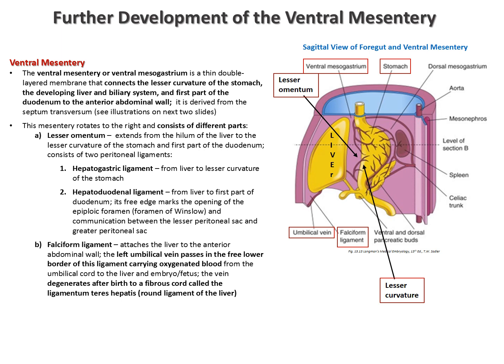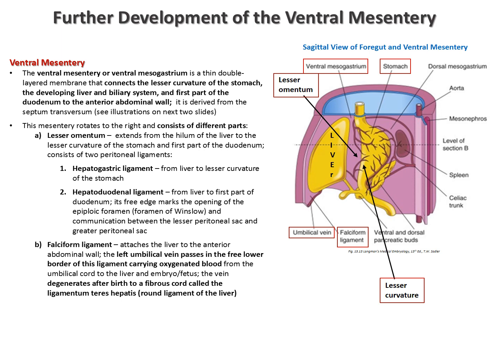The lesser omentum is that part which extends from the hilum of the liver or the undersurface of the liver to the lesser curvature of the stomach and the first part of the duodenum. It consists of two peritoneal ligaments. The hepatogastric ligament extends from the liver to the lesser curvature of the stomach.